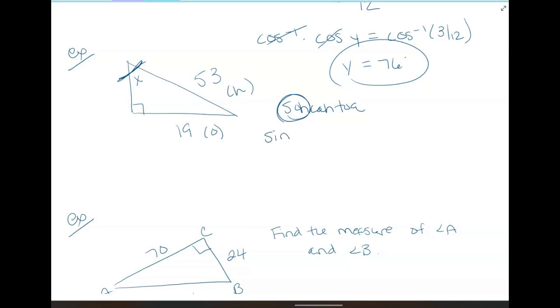So the sine of x is 19 over 53. When I operate the inverse sine to both sides, I get an expression that looks like this. Then you get x equals, and you can plug that in and get inverse sine, which is 21 degrees.